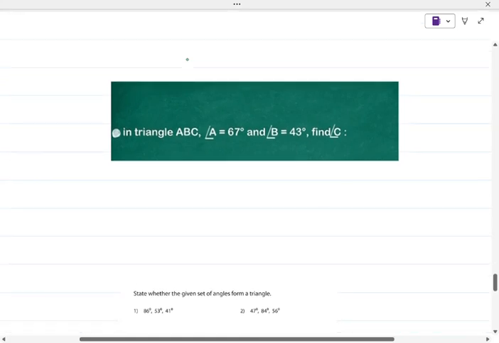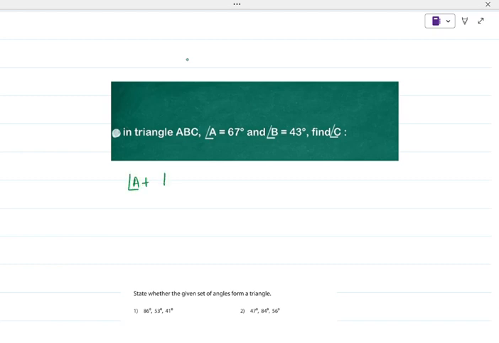So here, triangle ABC, angle A is 67, angle B is 43. Find out angle C. So angle A plus angle B plus angle C is 180 degrees. This is the angle sum property. Angle A is given 67, angle B is given 43, and we have to find out angle C. So we add these two angles.